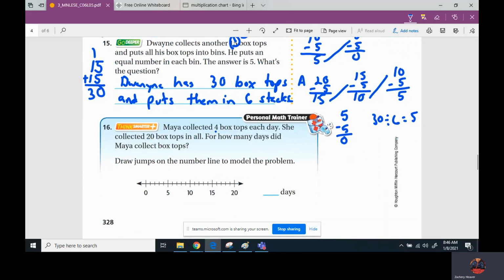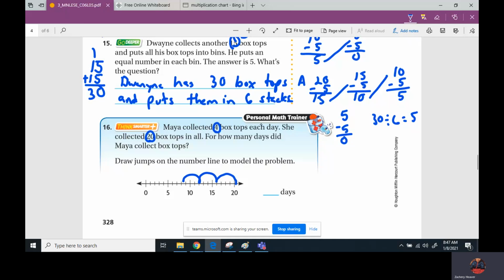Maya collected 4 box tops each day. She collected 20 in all. How many days? So remember, we're going to jump down by 4. Our jumps are going to determine the days. So 20 minus 4 is 16. We're going to go right in front of the 15. And then 16 minus 4 is 12. So we're going to go 2 above the 10. 10, 11, 12. 12 minus 4 is 8.